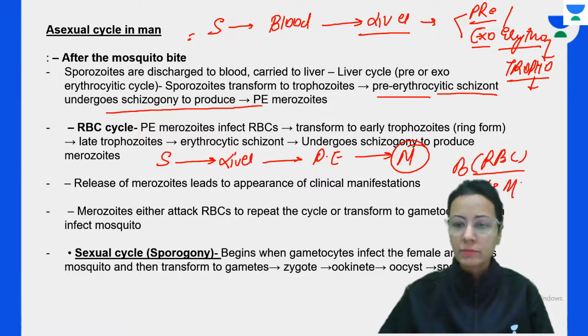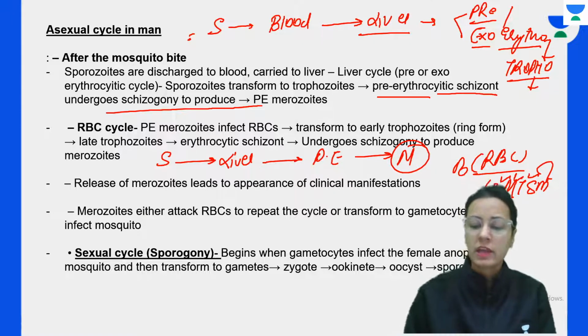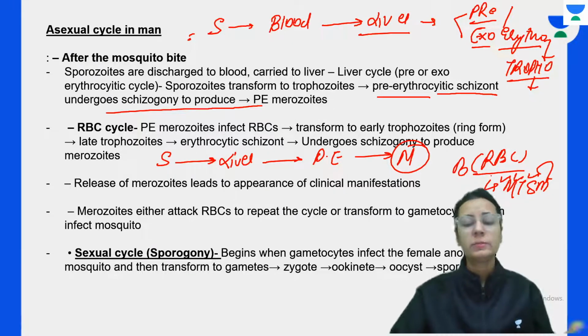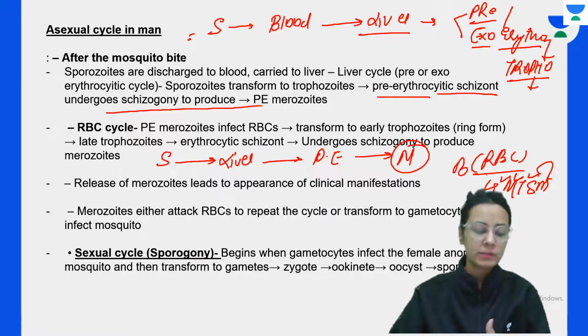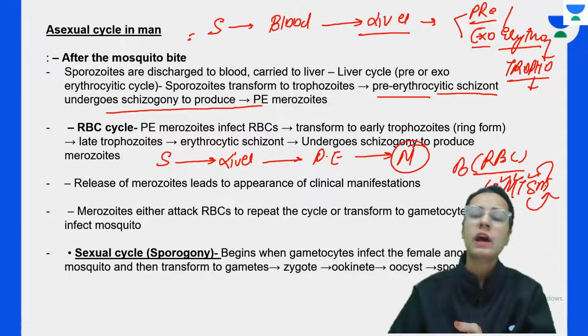You remember this as MTSM: merozoite, trophozoite, schizont, and again merozoite. Depending on whether the trophozoite is early or late, the early trophozoite converts into the macro or micro gametocyte, and the late trophozoite converts into the schizont, producing merozoites, which go back to the RBCs and repeat the same cycle.